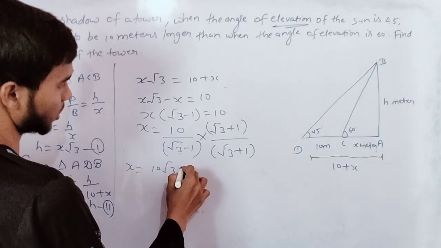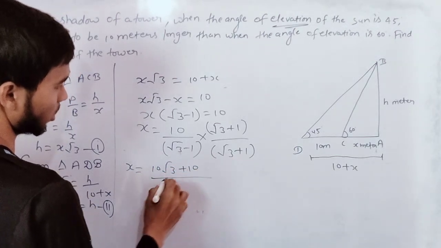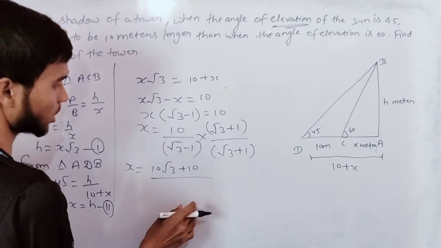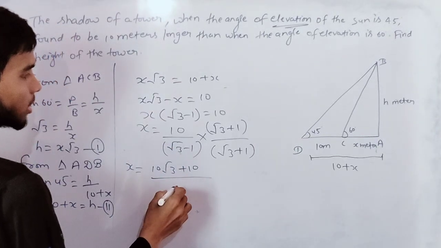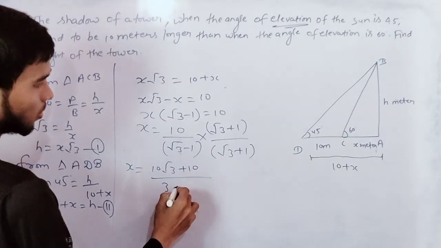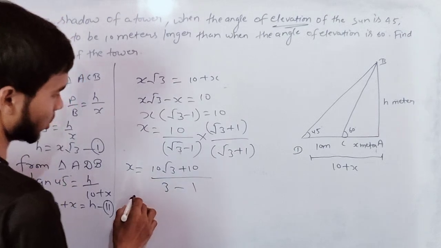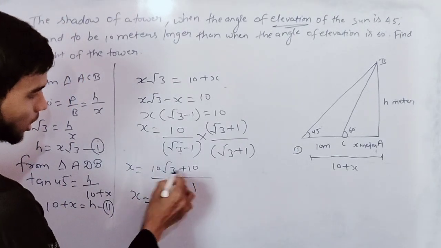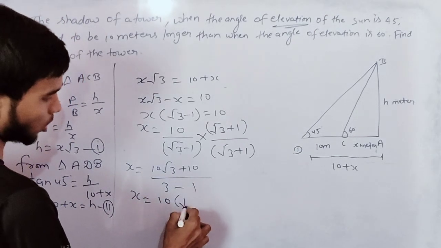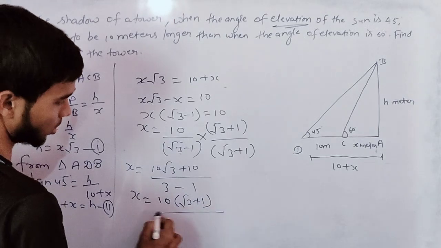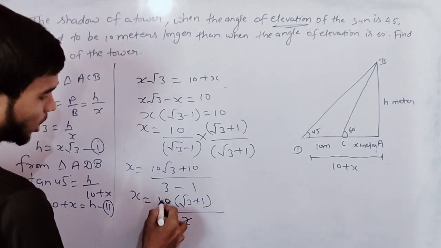Multiply by root 3 plus 1. 3 3 is 9. 9 is the perfect square of 3, minus 1. So here 10 is common, root 3 plus 1, and 2 5s.